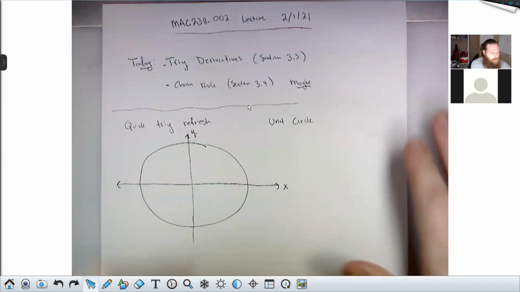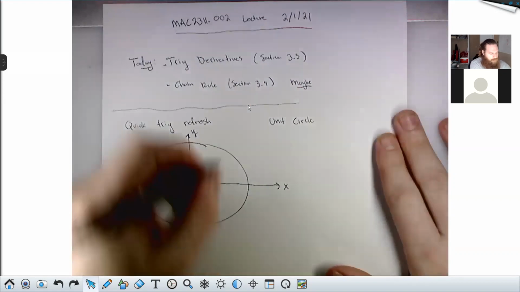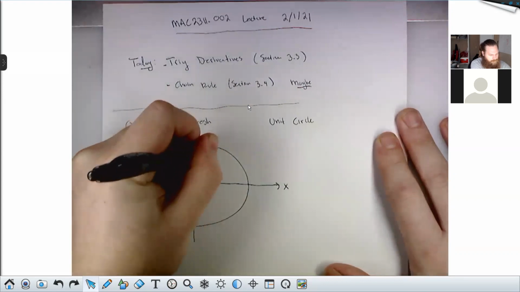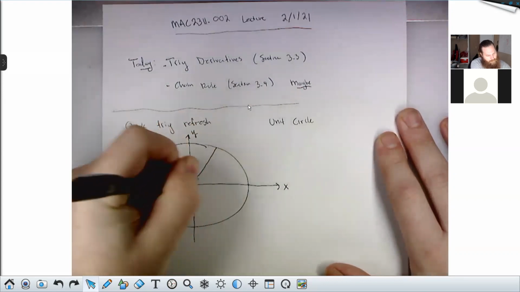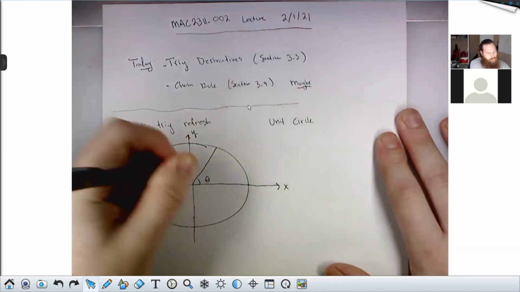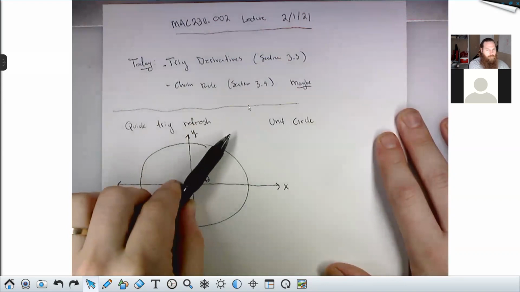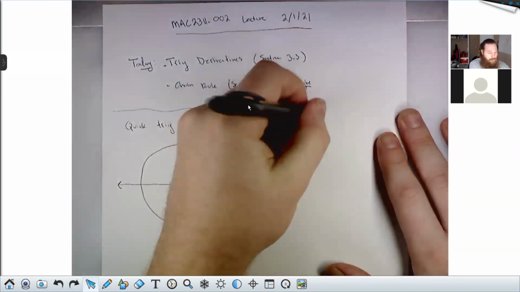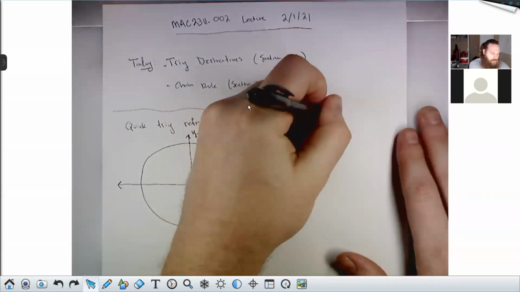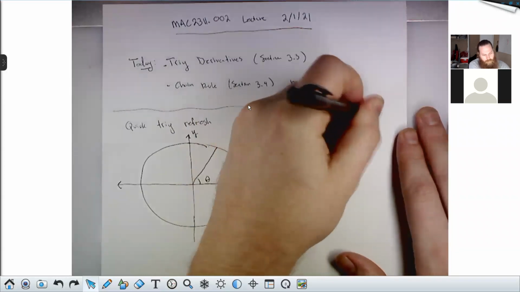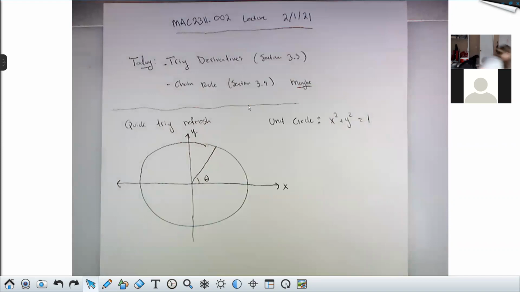And if you subtend an angle theta, if you start along the positive x-axis, as we always do, and you rotate up theta along the unit circle, the equation of the unit circle, by the way, is x squared plus y squared equals 1. That's the normal Cartesian equation for the unit circle.